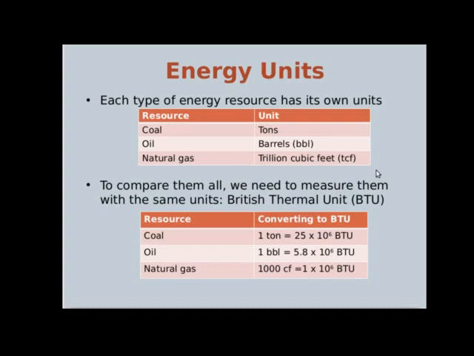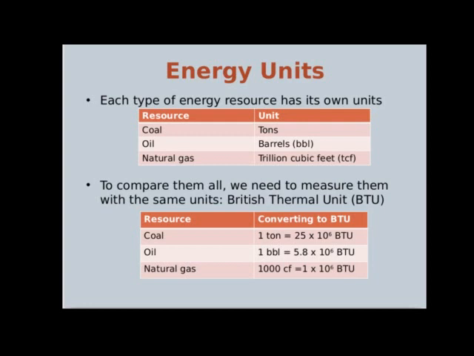Cubic feet is one measure of volume, and for large amounts, for like an entire country, it makes sense to scale that to trillions of cubic feet. Our book mostly uses the British thermal unit as its unit to compare everything in. That's a unit that was traditionally used for measuring heating fuel for use in homes and factories.